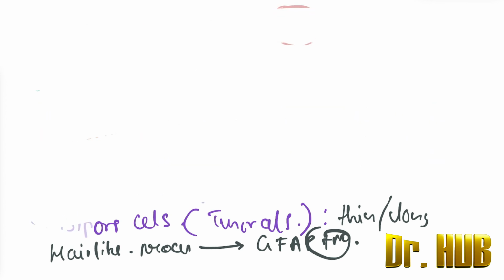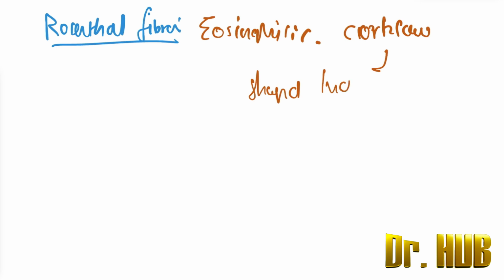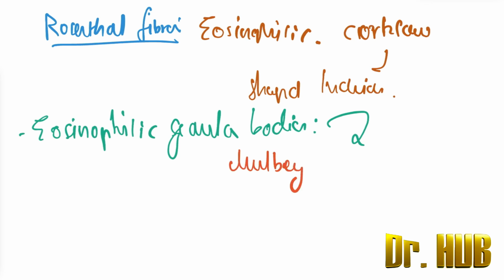Next, there are the Rosenthal fibers. These are eosinophilic, corkscrew-shaped inclusions. There are also eosinophilic granular bodies, which are mulberry-like lesions.